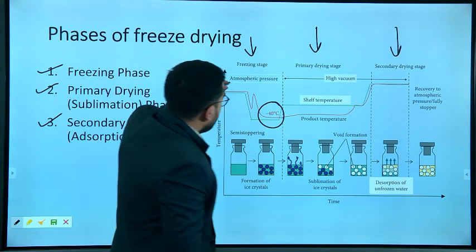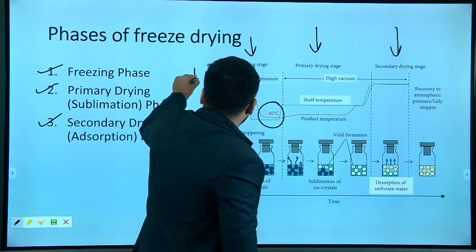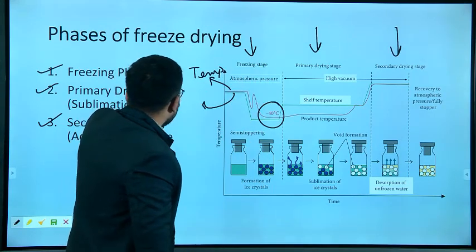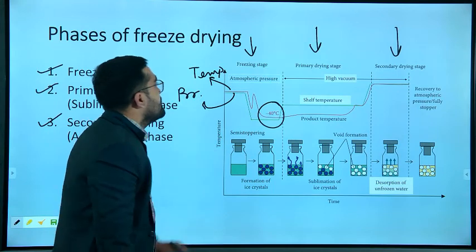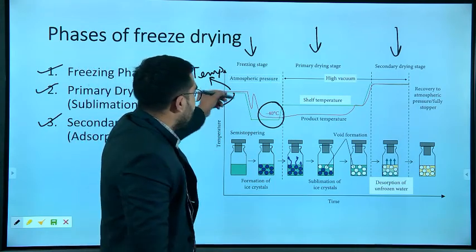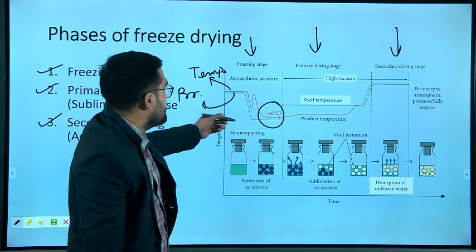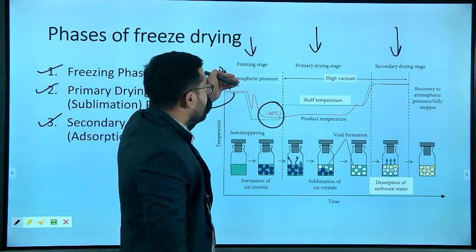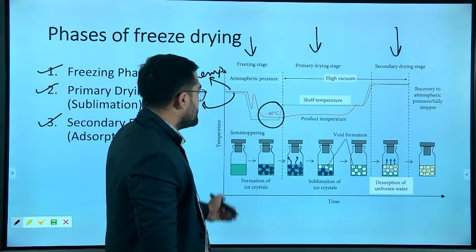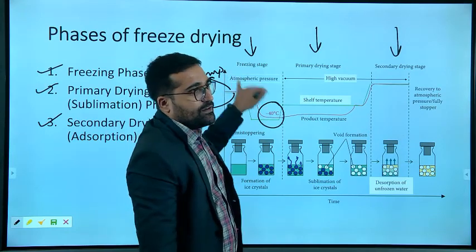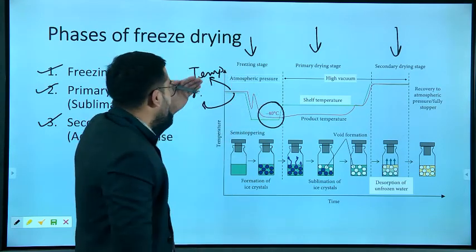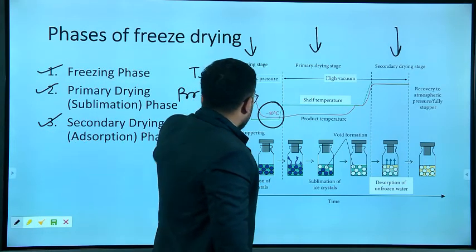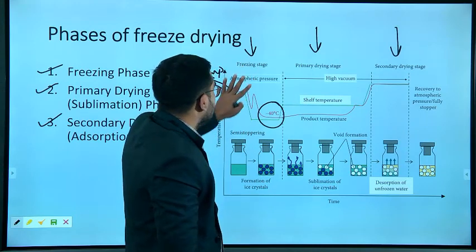This red color is showing the temperature, and green color is showing the pressure of the product inside a freeze dryer. So, we reduce the pressure as well as the temperature of the product or inside the chamber, so that all the water available inside the product will be converted to ice. Okay. So, this is what happens in the freezing stage.